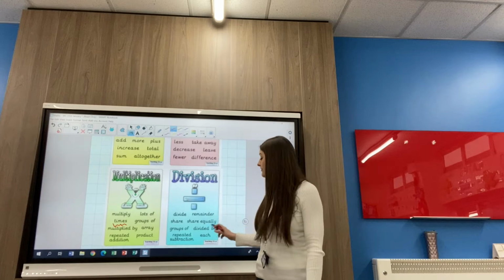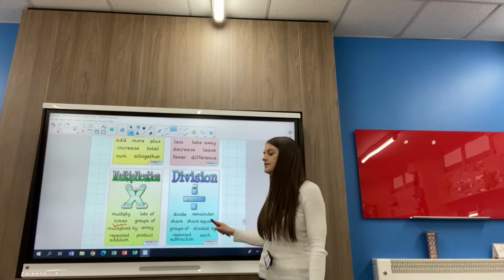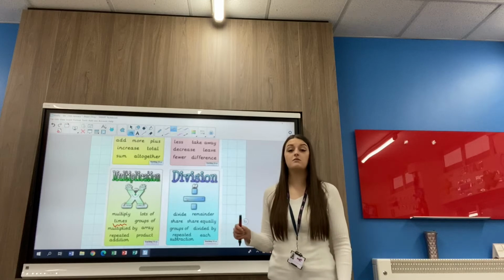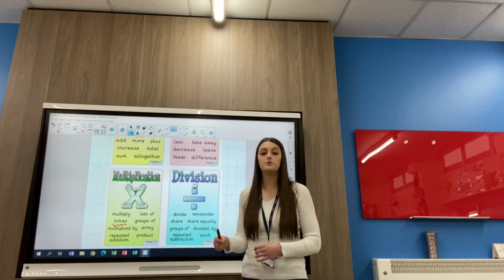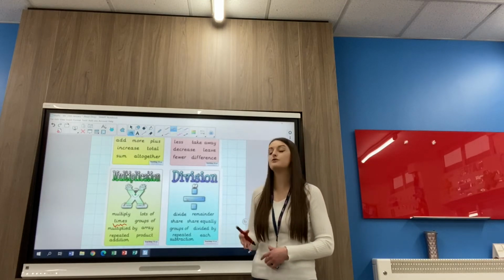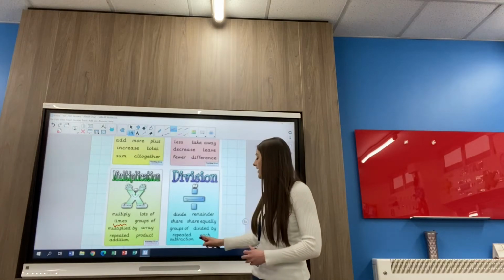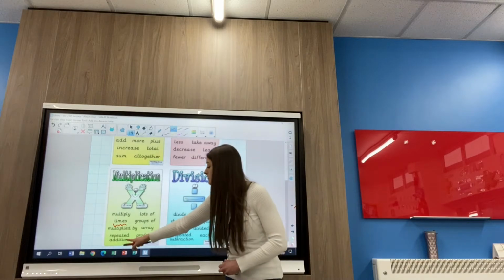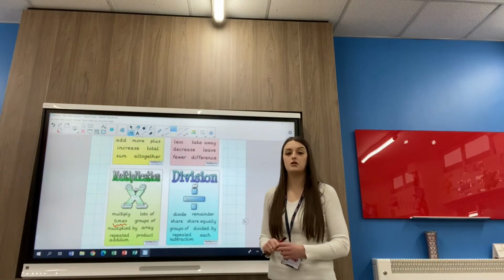This is a slightly trickier one: we are sharing into equal groups, and we can use our times tables to help us. And when we divide, it's repeated subtraction, which is the opposite to repeated addition for multiplication.